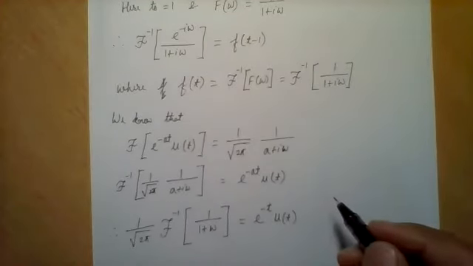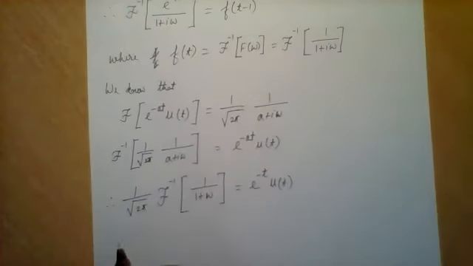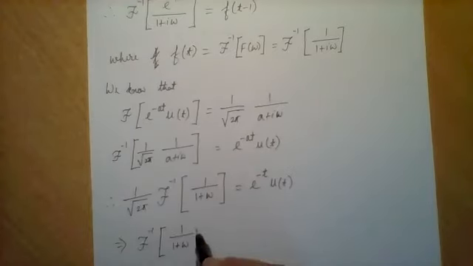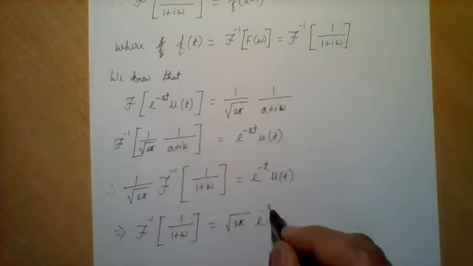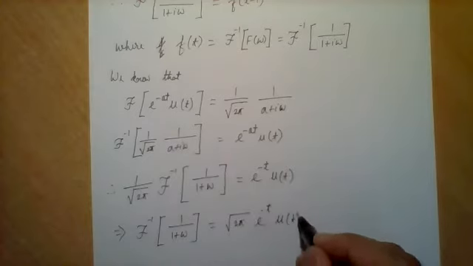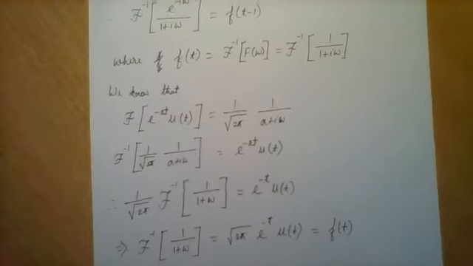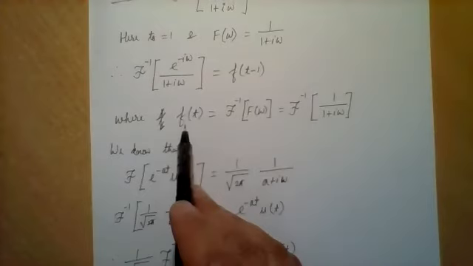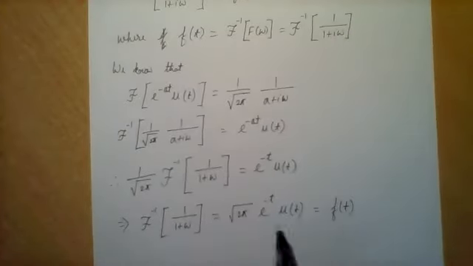Now I bring this towards the other side. So this implies the inverse Fourier transform of 1 by 1 plus I omega is equal to root over twice pi times e to the power minus t u of t, and this is equal to f of t. Because we have defined f of t as the inverse Fourier transform of this, and the inverse Fourier transform of this is equal to this.